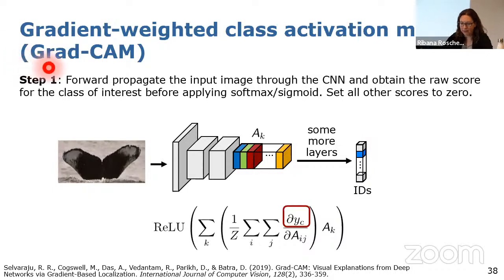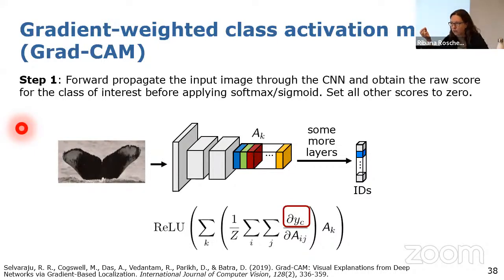So step one: first of all, you forward propagate the input image through the CNN, and you obtain the raw score for the class of interest before applying softmax or sigmoid. And then you set all other scores to 0. Raw score means that it's the score before you apply sigmoid or softmax.